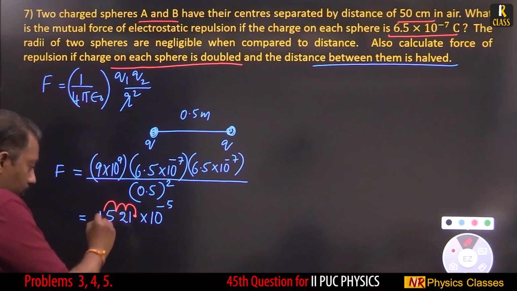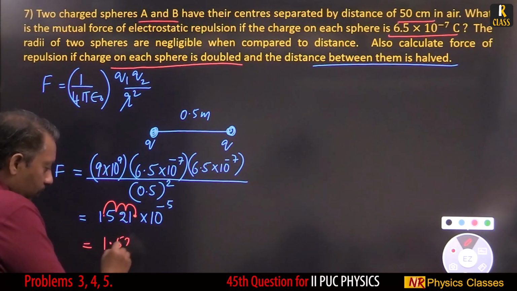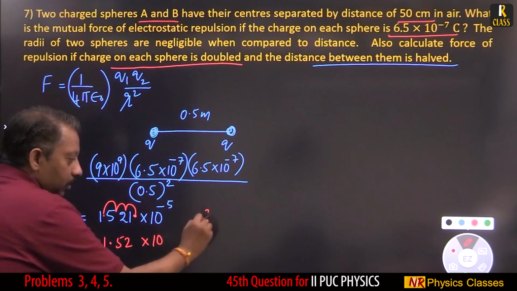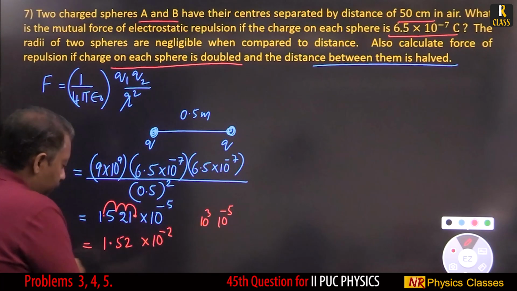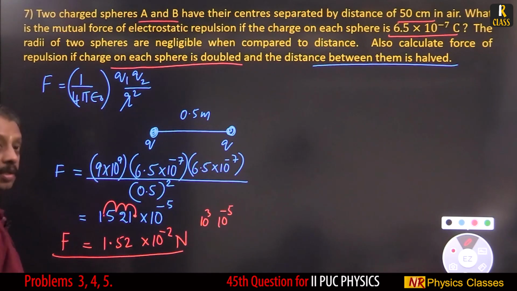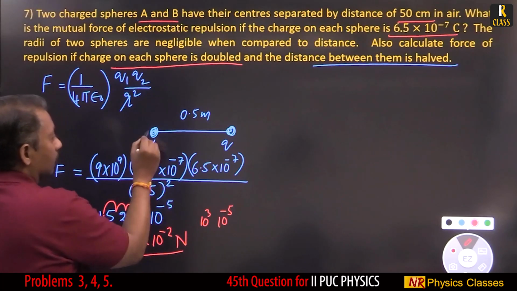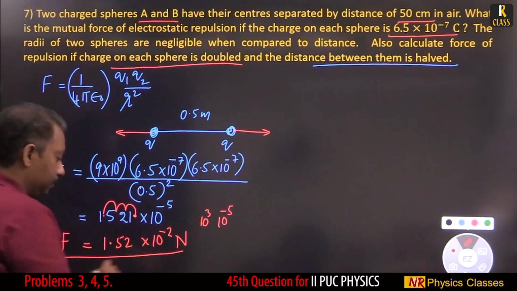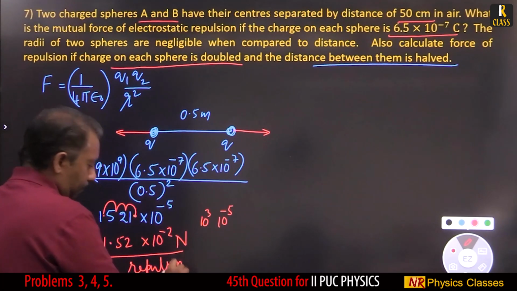If I shift it and make it 1.521 × 10^3, then 10^3 times 10^-5 is 10^-2. Force in Newton. This is the force. Since they are identical, there is repulsion.